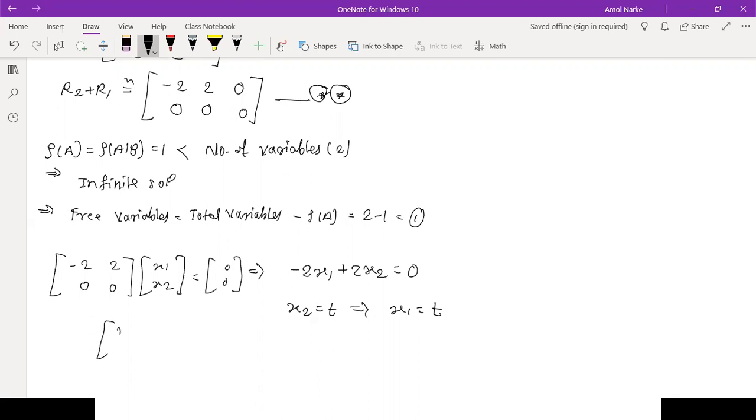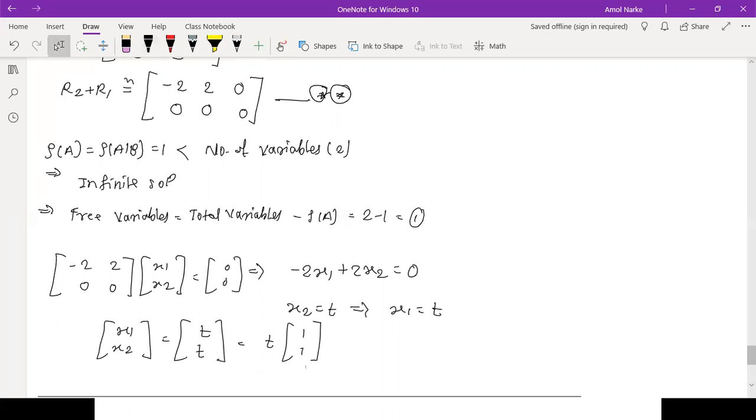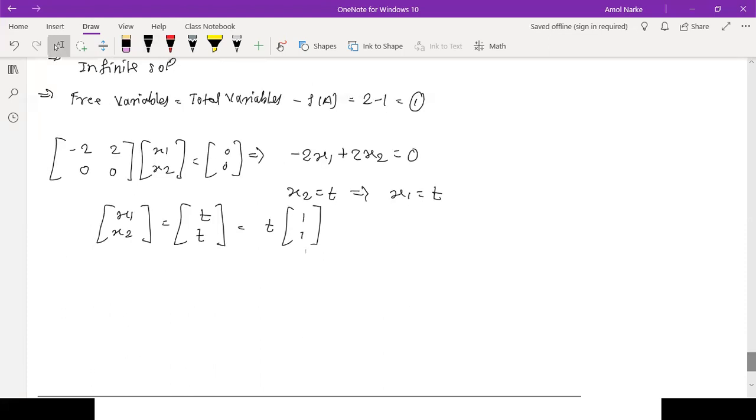I have my vector x1, x2. I can write the value of x1 is t, value of x2 is also t. So I can take t common out and get 1, 1. This vector 1, 1 is the eigenvector.